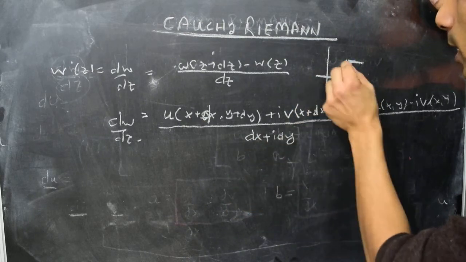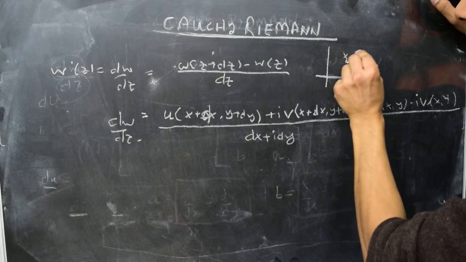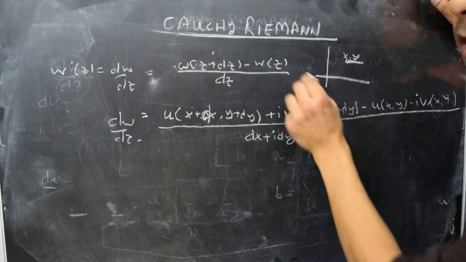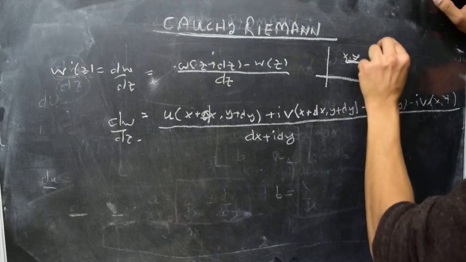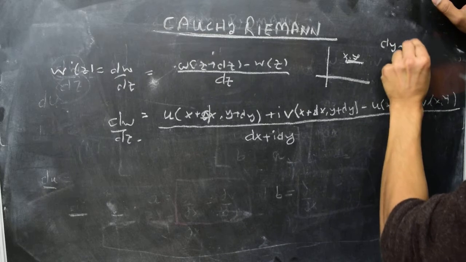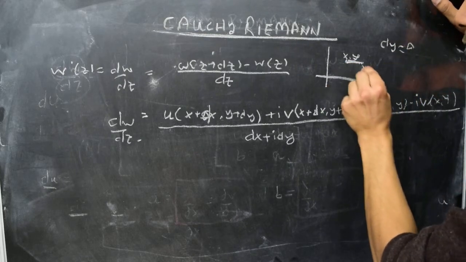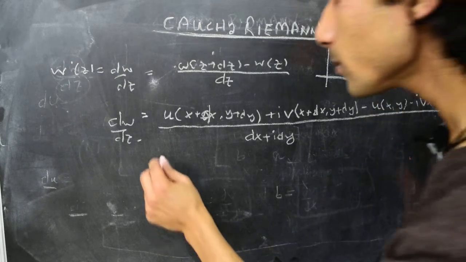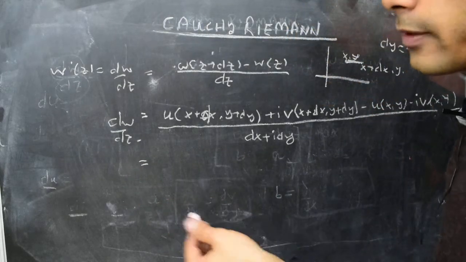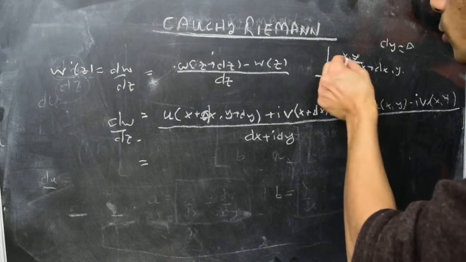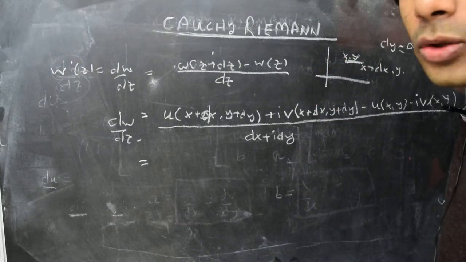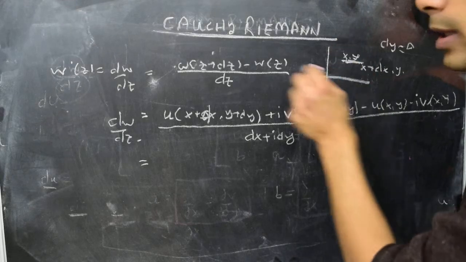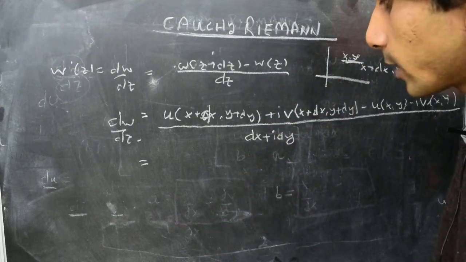So let's say you're at the point x, y, and let's calculate this expression when dy is not changing. So dy is 0, and let's only move from x to x plus dx, y. If the derivative exists, moving in this direction should allow us to calculate the derivative, because the derivative only depends on the point x, y and does not depend upon the direction in which we move away from or towards the point x, y.